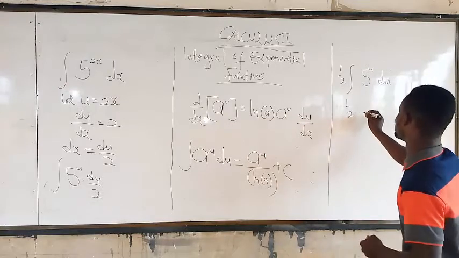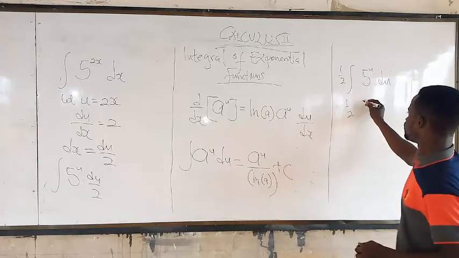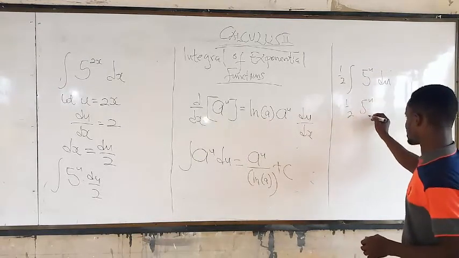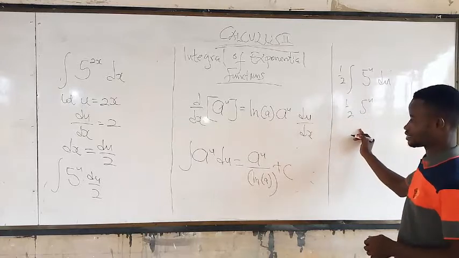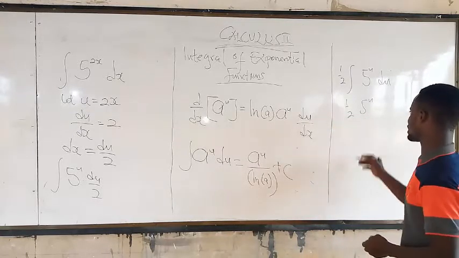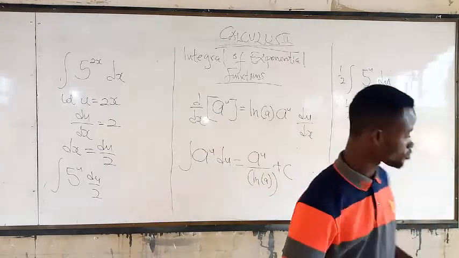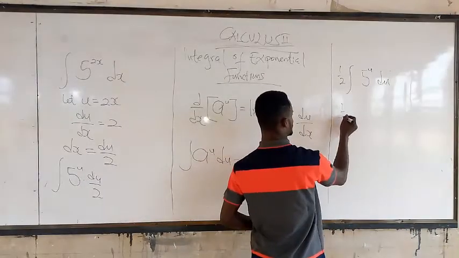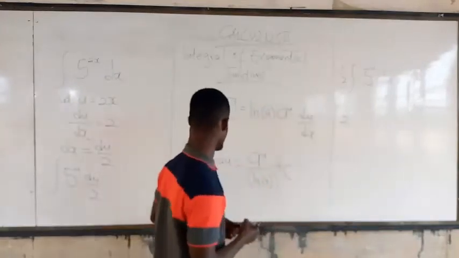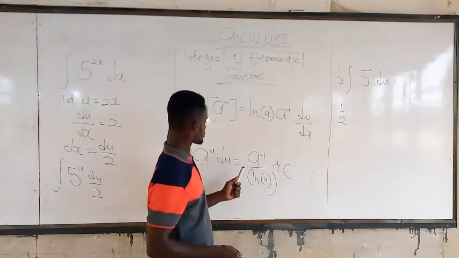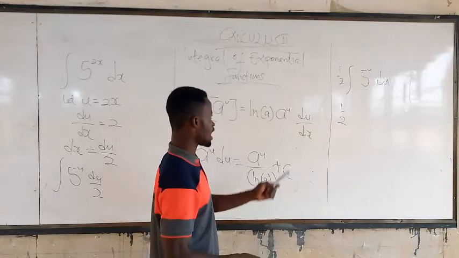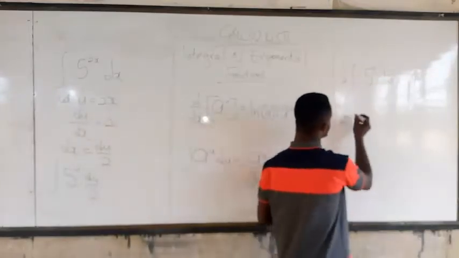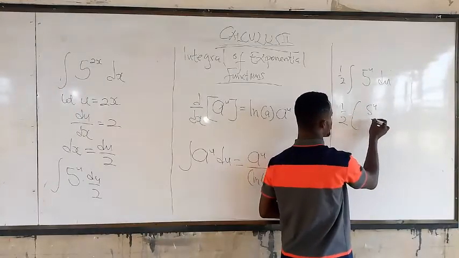1 over 2. The half is a constant. So now, to integrate that, you repeat 5 raised to the power u.